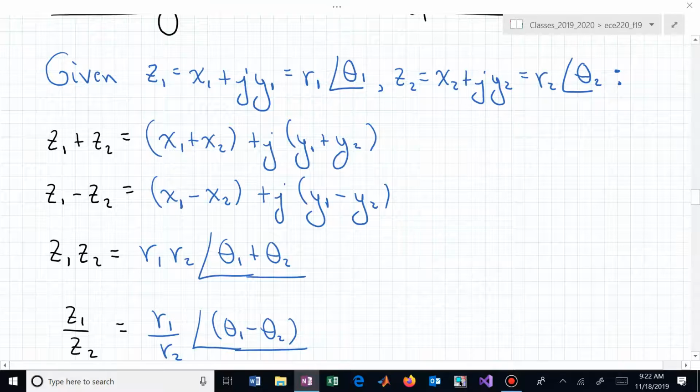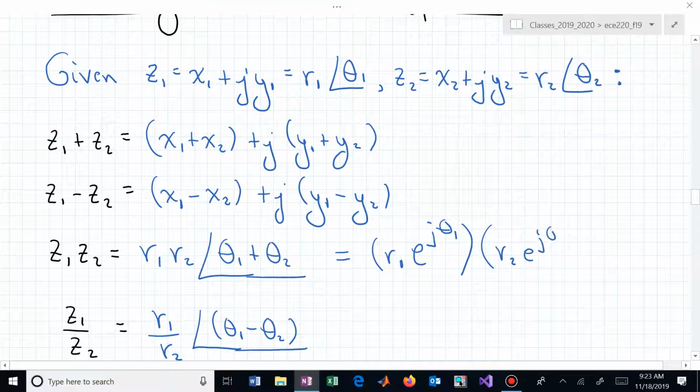And why is that? Why can we get away with just adding their angles? We have z1, which is r1, and now let me write it more explicitly in the exponential form. And now we can use the properties of the exponential to combine those exponents, and those combine by adding.